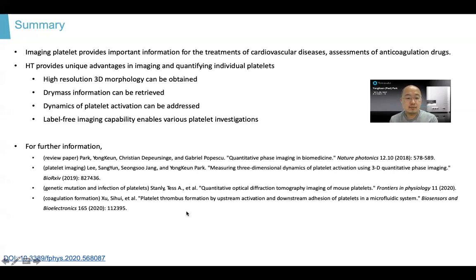And the major part of this webinar was from this recent paper published in Frontiers in Physiology by the group at the University of York. And you may also refer to recent papers by Korean university scientists. They have also used the holotomography system for the study of platelet thrombus formation.